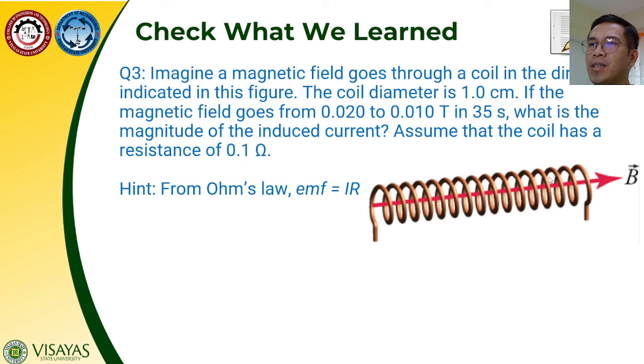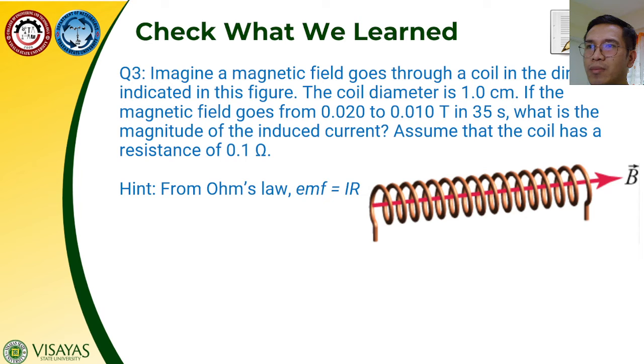The coil diameter is 1 centimeter, and the magnetic field goes from 0.020 to 0.010 Tesla in 35 seconds. What is the magnitude of the induced current? Assume that the coil has a resistance of 0.1 ohms.